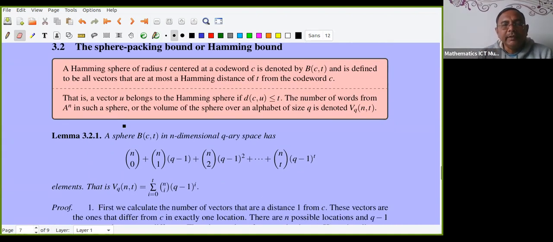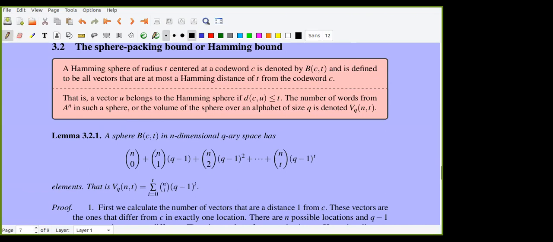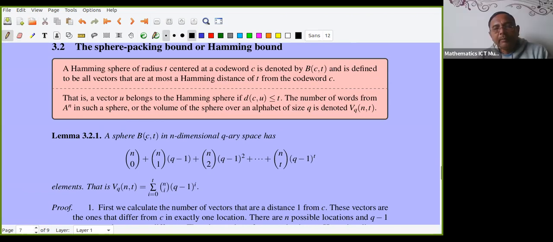Do you remember we did this? We have a sphere or a ball in the n-dimensional q-ary space. The number of elements is the volume. How many vectors are at a distance 0 from c? That is n choose 0. How many vectors at a distance 1 from c? n choose 1 times q minus 1.